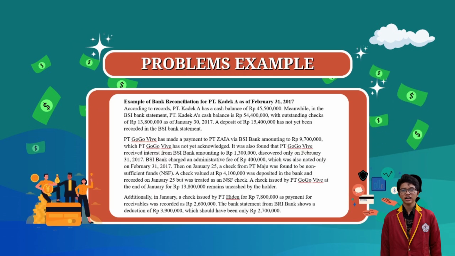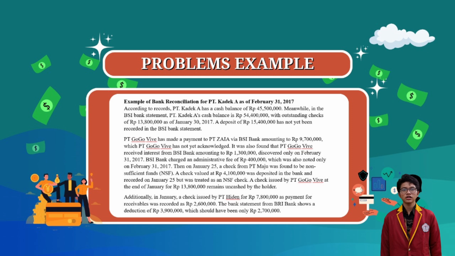Example of bank reconciliation for PT KDEC A as of February 31, 2017. According to records, PT KDEC A has a cash balance of 45,500,000 Indonesian rupiah. Meanwhile, in the BSI bank statement, PT KDEC A's cash balance is 54,400,000 Indonesian rupiah, with outstanding checks of 13,800,000 Indonesian rupiah as of January 30, 2017.